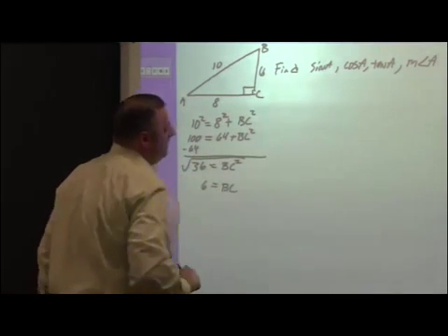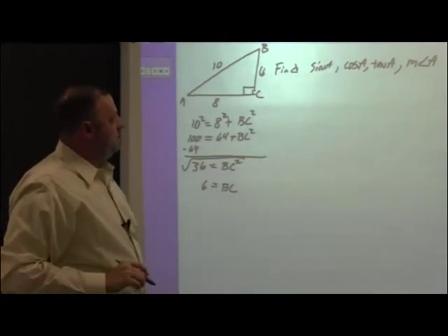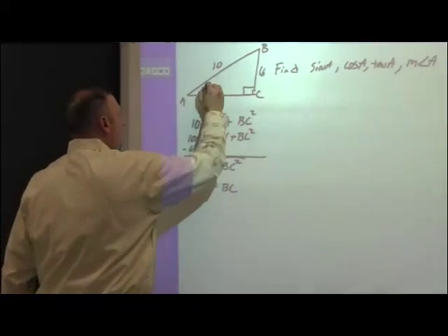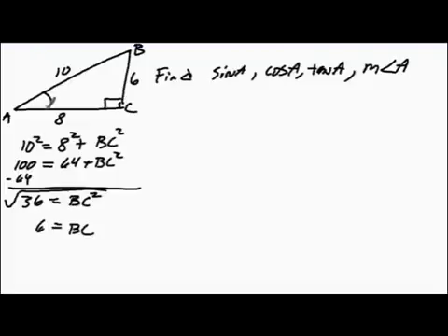So now that we got that, we can find sine, cosine, tangent, and then we'll work towards finding the measure of angle A. So we're dealing with this angle. So if we want to find the sine of angle A, you have to remember, sine is opposite over hypotenuse. What's the opposite side? This is going to be the opposite side, which is 6. The hypotenuse is going to be the 10.